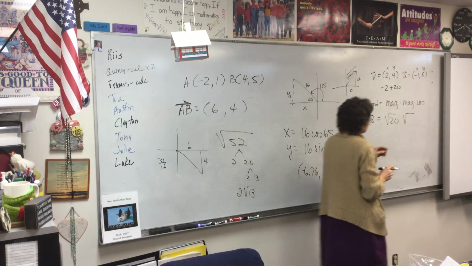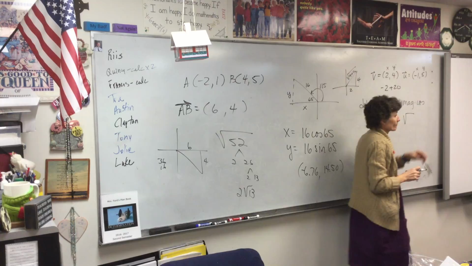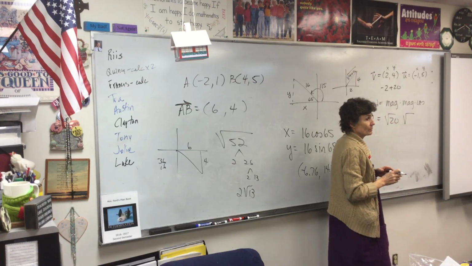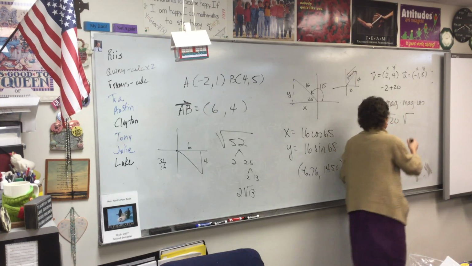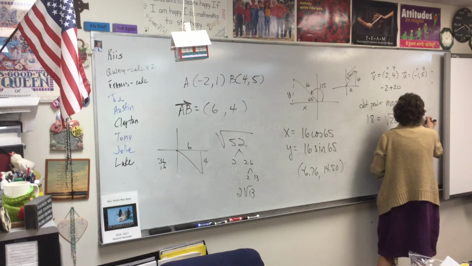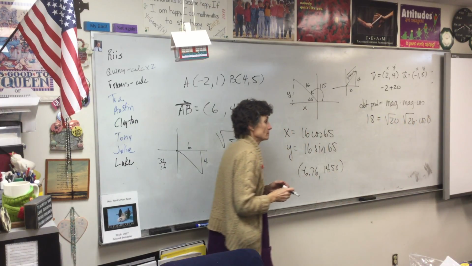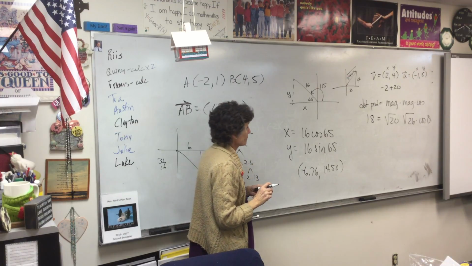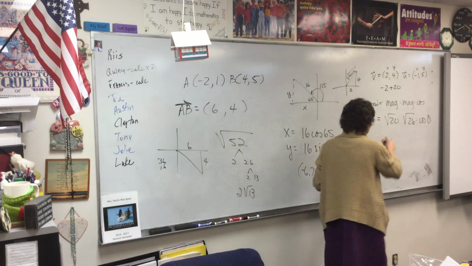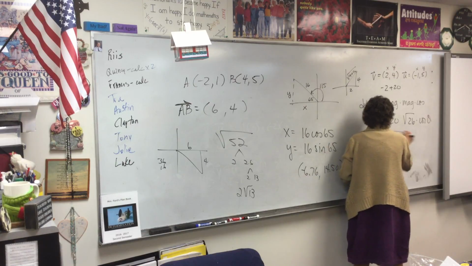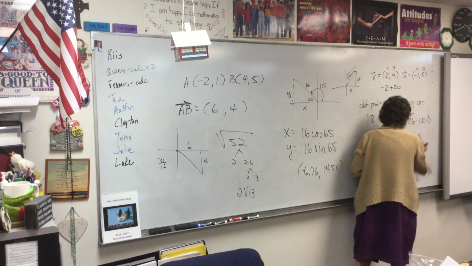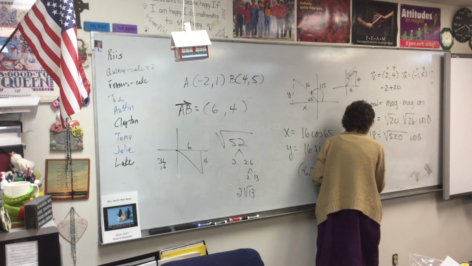So what's the magnitude of this one? Square root of 26 times the cosine of the angle. Now remember, we want to put these two together to make it easier to handle on the calculator. And then we're going to divide.